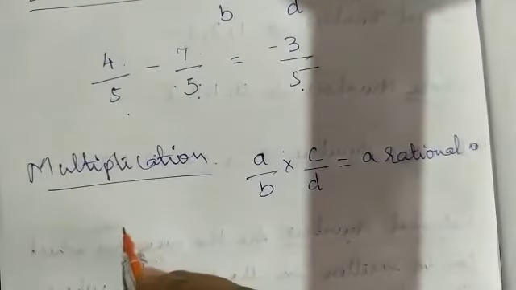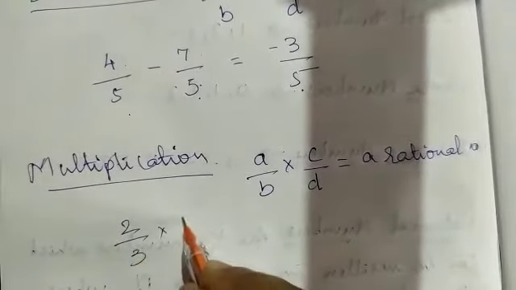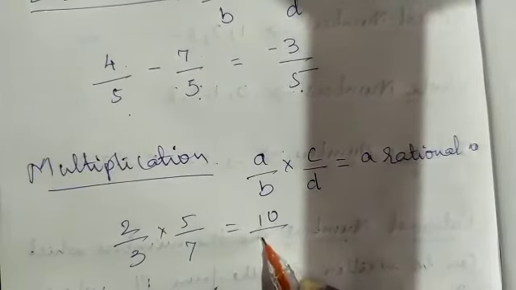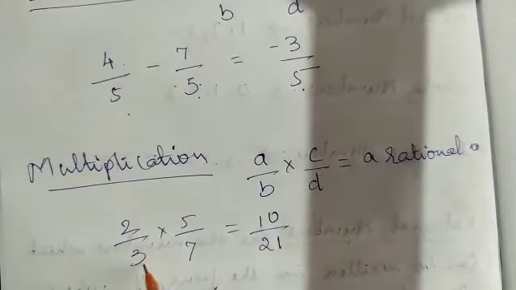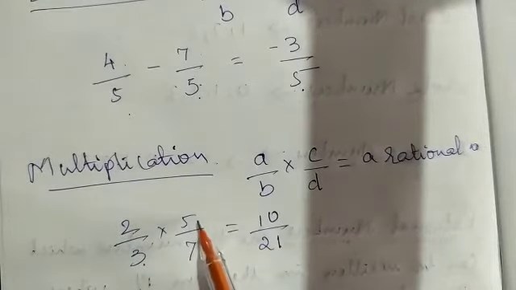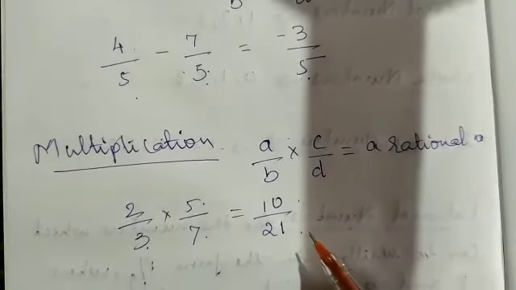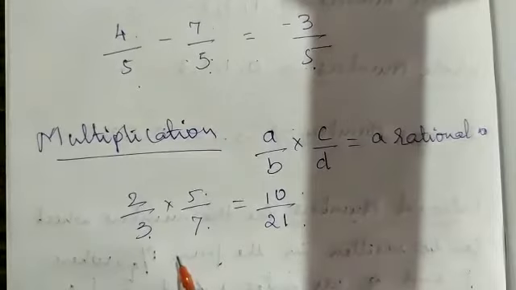For example, 2 by 3 into 5 by 7 gives 10 by 21, a rational number. So the closure property is true for multiplication.